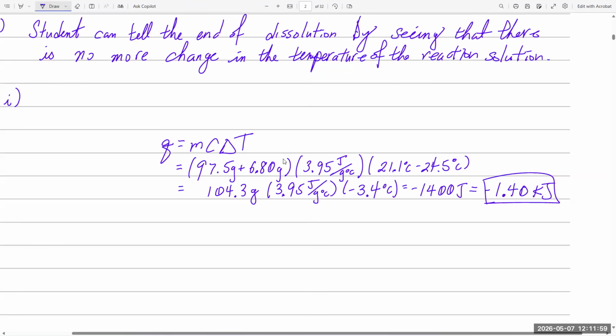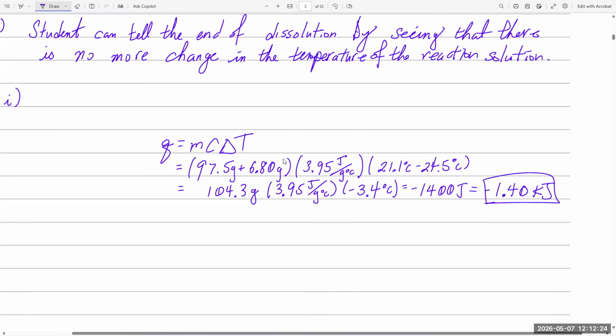So let's go and say that part 1E. So in 1E, you would say, start with the answer. They're asking us about the magnitude.